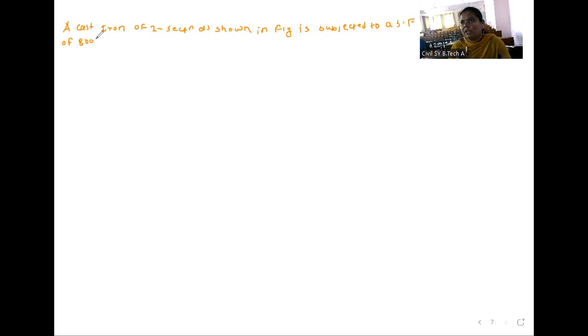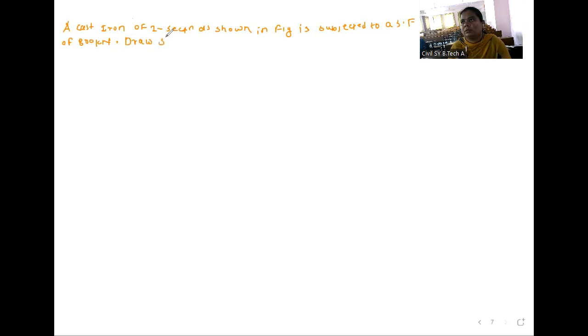A cast iron of I section, as shown in figure, is subjected to a shear force of 800 kilonewton. Full stop.